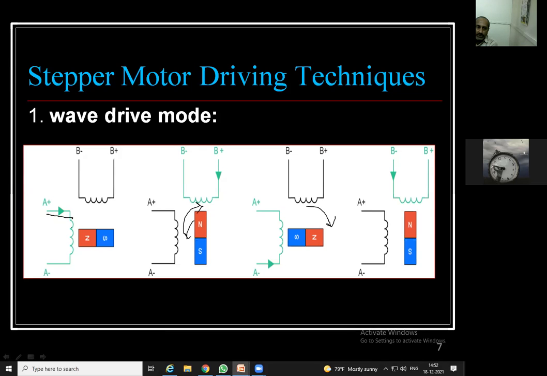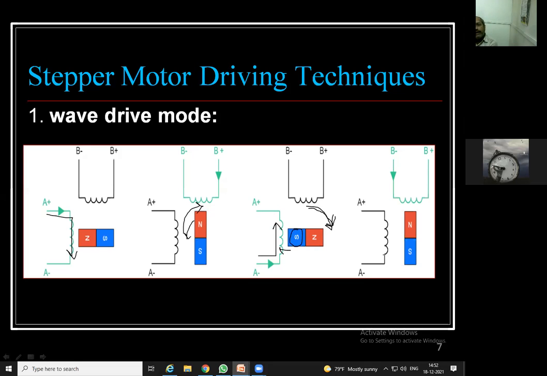In the first case it is from top to bottom, but here you will observe it is from bottom to top. Due to that, this south pole is attracted towards this one, and the 90 degrees shifts to the right side.